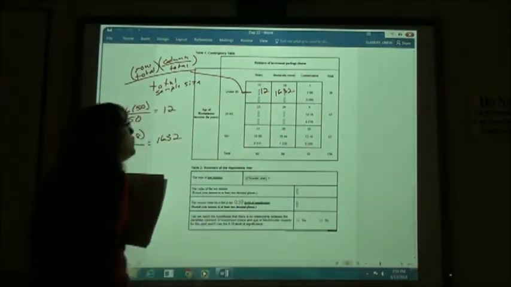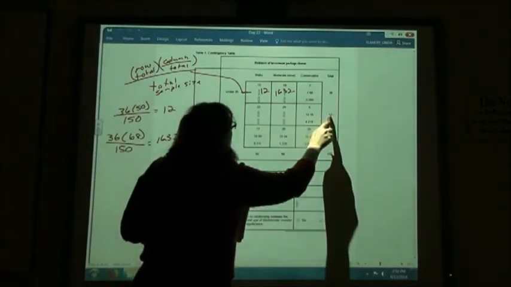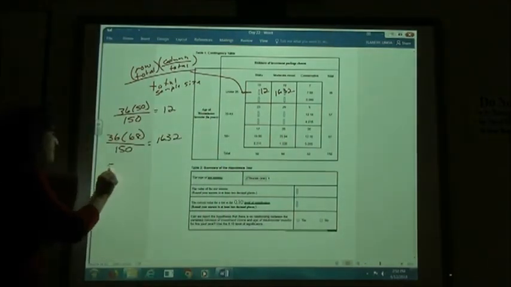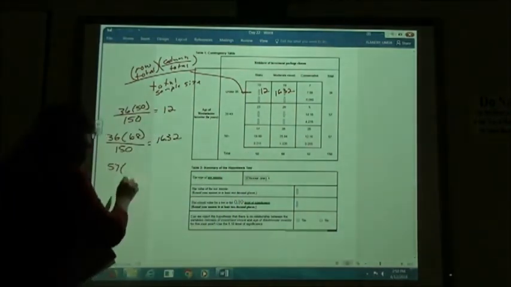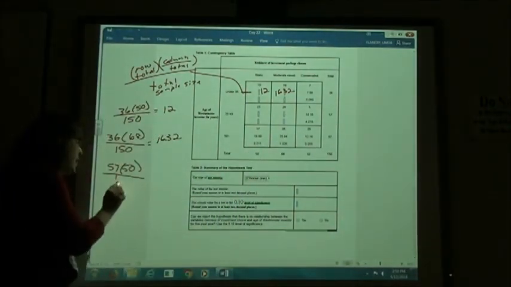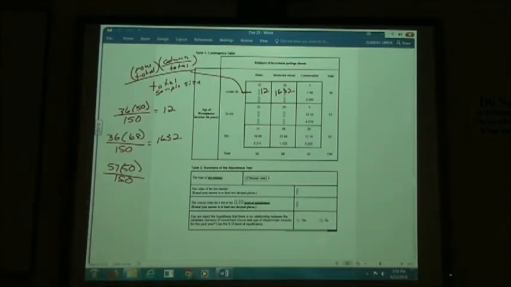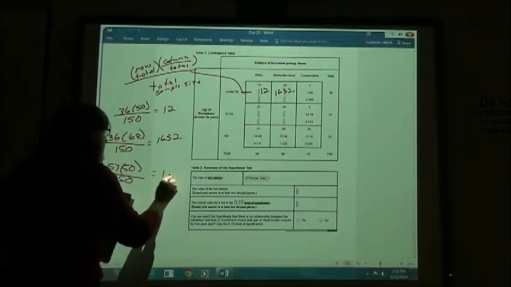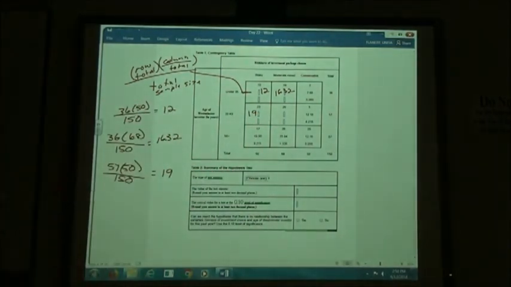In my top row there, my row total is 57 times my column total, which is 50, divided by my total sample size, which is my 150. So 57 times 50 divided by 150 comes out to 19. So 19 would go in that box.